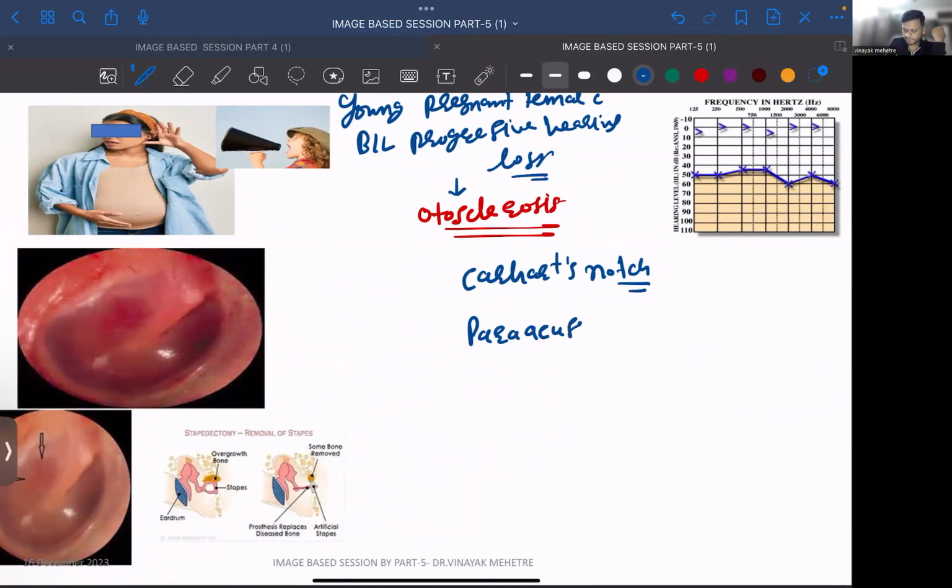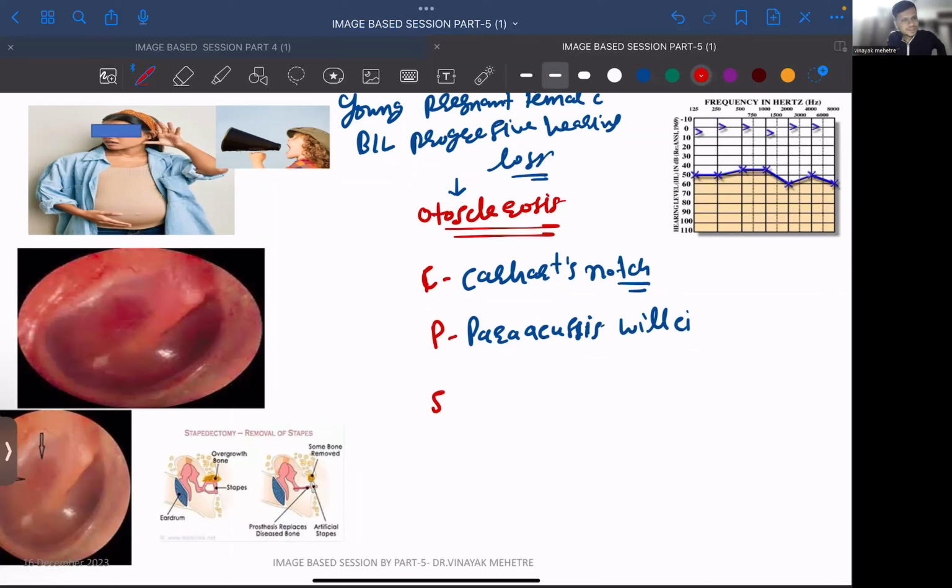Then comes paracusis willisii. Paracusis willisii, or whatever you want to say. What is the meaning of that? Generally, women's shouts, right?